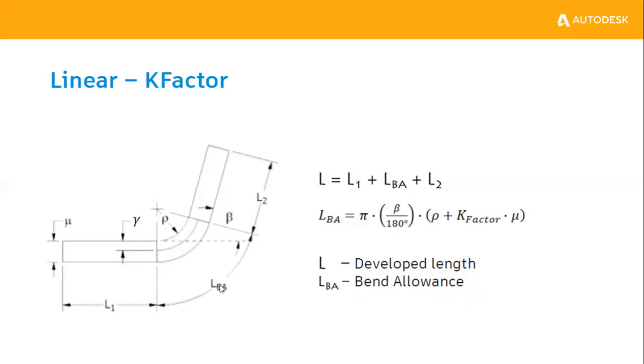If you want to calculate the LBA for this sheet metal, this is the formula: LBA is equal to pi beta by 180 into rho plus K factor into t, where t is the thickness of your sheet metal, rho is the bend radius, and beta is nothing but my angle, the angle of my flange. With this, we are able to calculate our bend allowance, and finally, with all these inputs, we are able to find the unblank length.